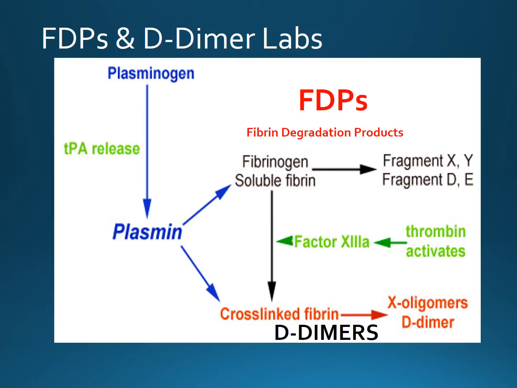D-dimers are more specific for actual clots than the FDPs are, because you only get a D-dimer from the breakdown of the real clot, not from the breakdown of fibrinogen. Therefore, normal plasma does not have detectable amounts of the D-dimer.